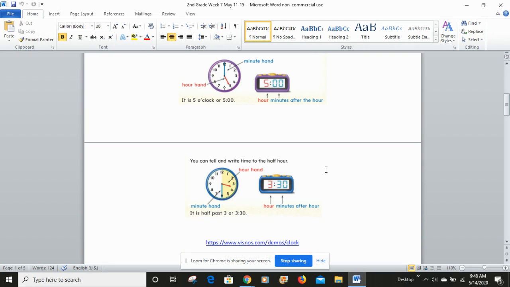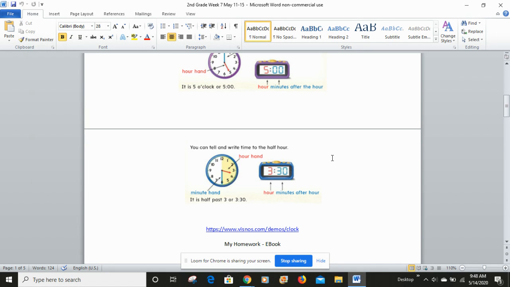But we don't always tell time to just the hour. We say sometimes it's quarter after, or it's 5:30, or quarter to 7. We've got all these different numbers that we use when we're telling time on a clock. So we need to know when the minute hand, or the minutes on a digital clock, isn't always at 0 or pointing straight up, that we can tell what time it is on the clock.